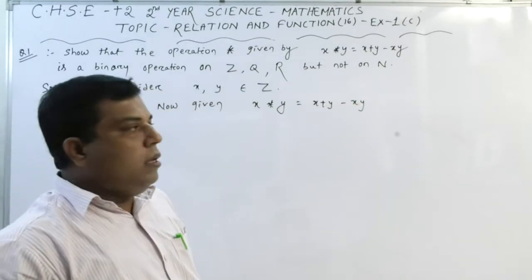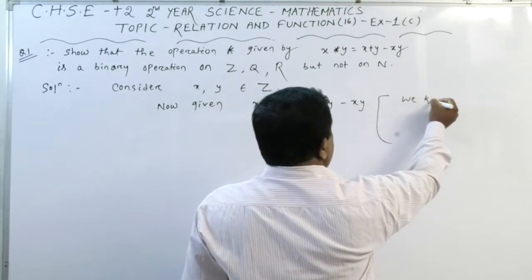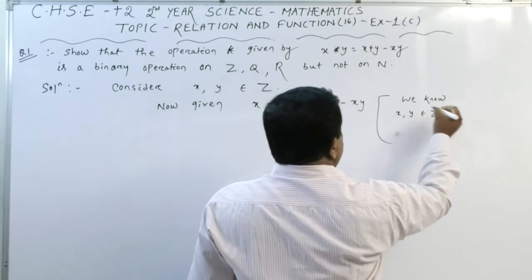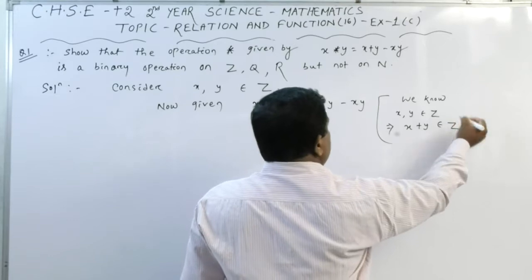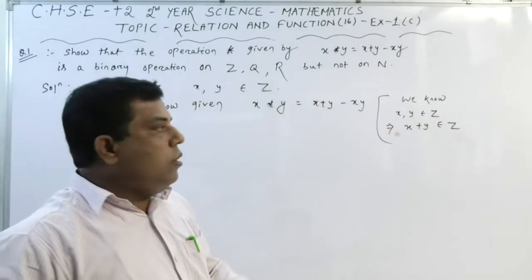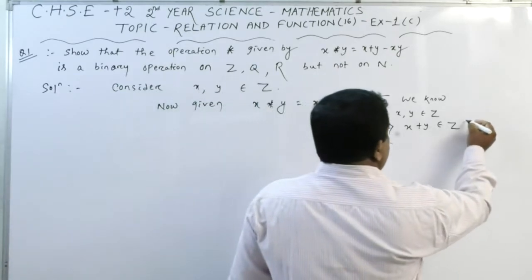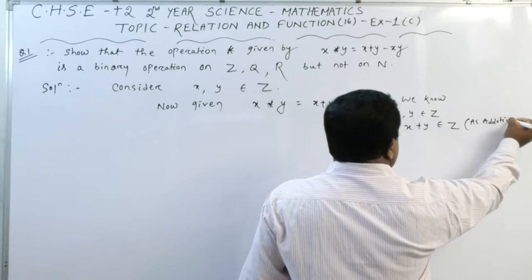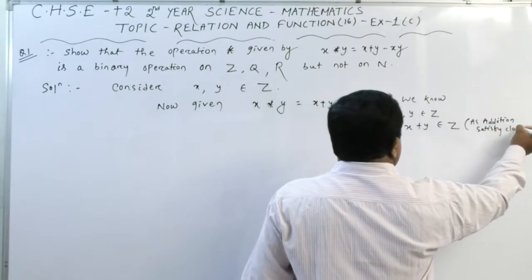Clear? We know x, y belonging to Z implies x plus y is also belonging to Z. Why? Because addition satisfies the closure law.